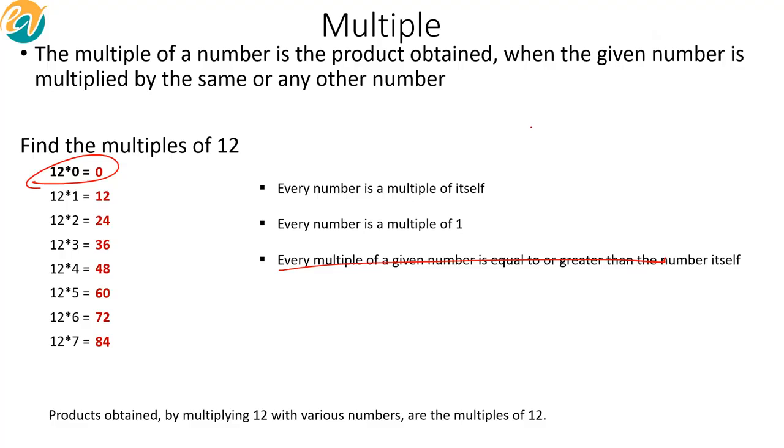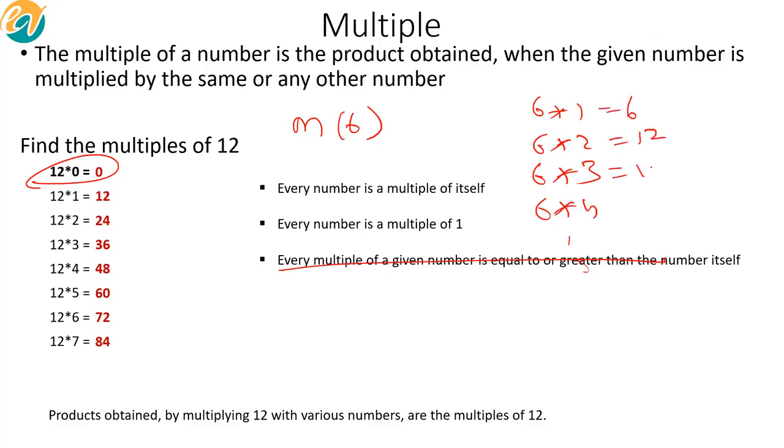For example, let's take 6. Let's say we have to find out the entire multiple list of 6. How do we find that out? As I said, apart from 0, 6 into 1, 6 into 2, 6 into 3, 6 into 4, and so on. So 6, 12, 18, 24, and so on, by the way, till infinity.